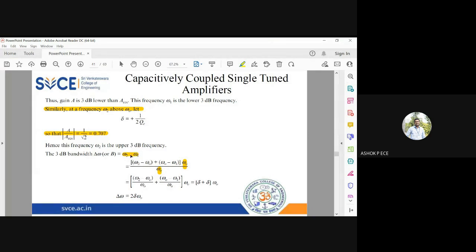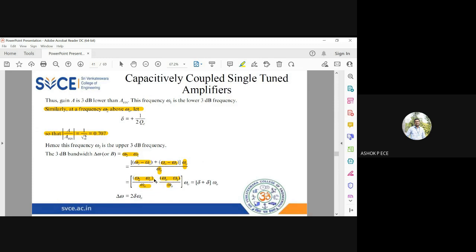Listen very carefully. In the omega 2 minus omega 1 term, I am adding and subtracting omega naught, and multiplying and dividing the entire expression by omega naught. If you rearrange, you get omega 2 minus omega naught plus omega naught minus omega 1, into omega naught by omega naught. So omega 2 minus omega naught by omega naught plus omega naught minus omega 1 by omega naught.